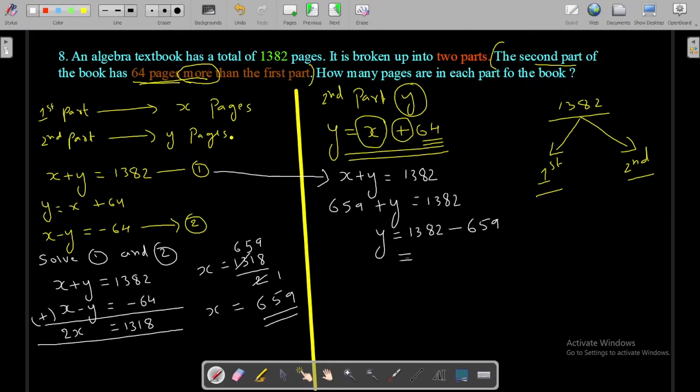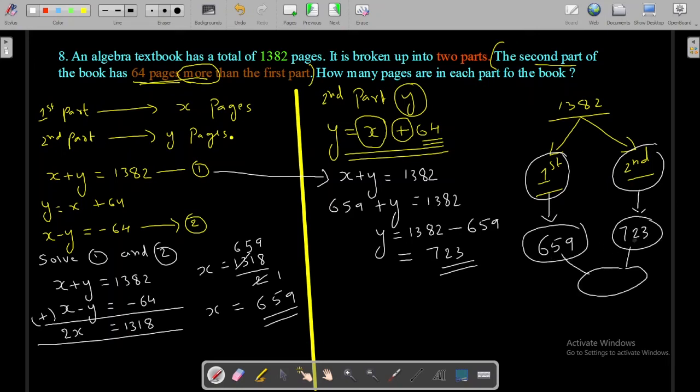So if I subtract, I will be getting 723. So here we can say that the first part has 659 pages and the second part it has 723 pages. If you add both these values, you will be getting the total number of pages. So this is our final answer.